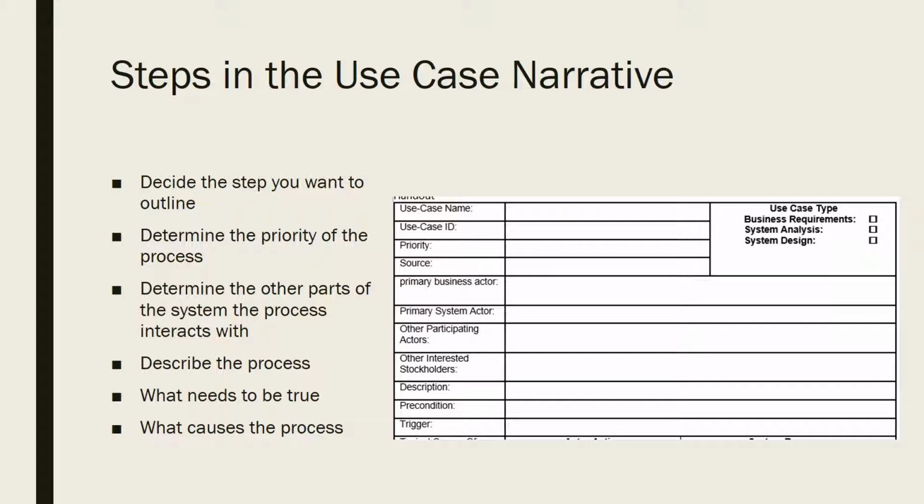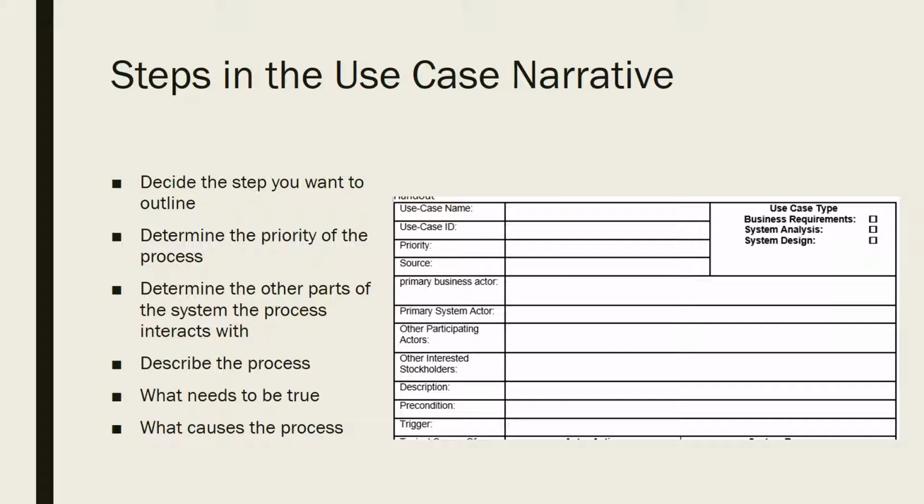You also determine the other parts of the system that are interacting with it. So a category of users of employees will also interact with equipment or vice versa. You also describe the use case process. So through this use case, which will be shown in an example later, there are steps that the system takes to complete the process.